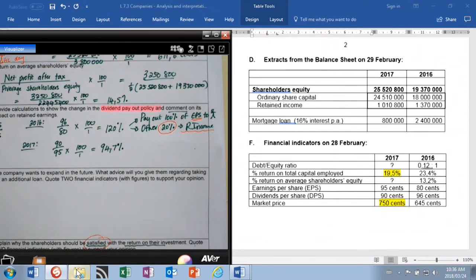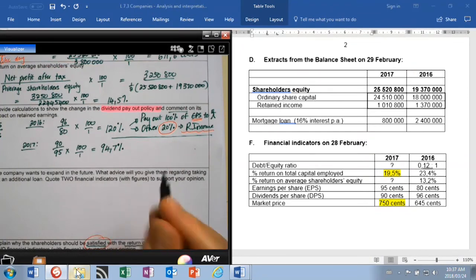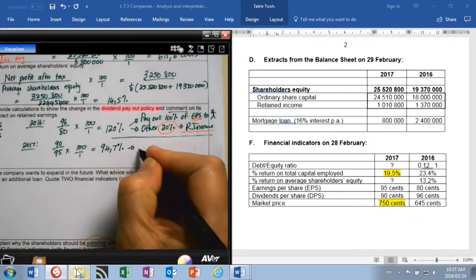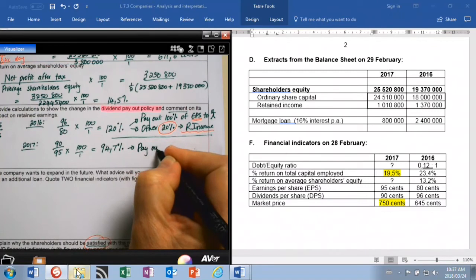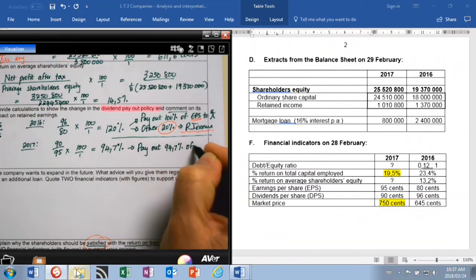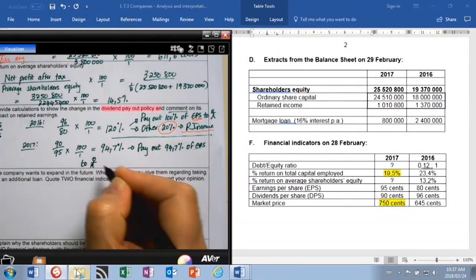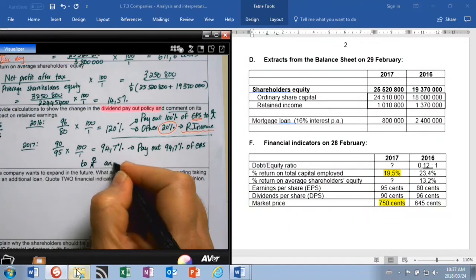for our dividends. In 2017, we pay out 94.7% of our earnings per share to our shareholders, and retain.